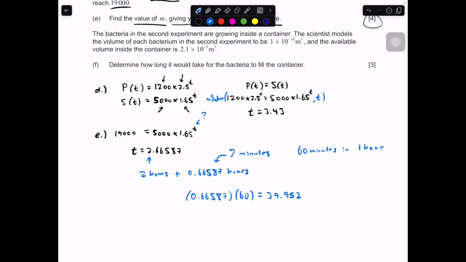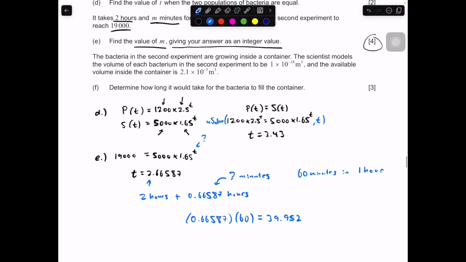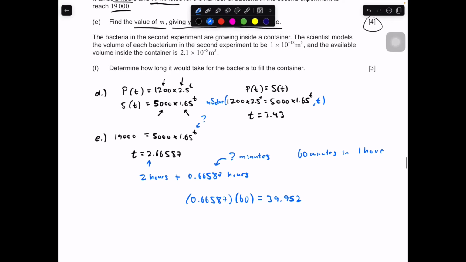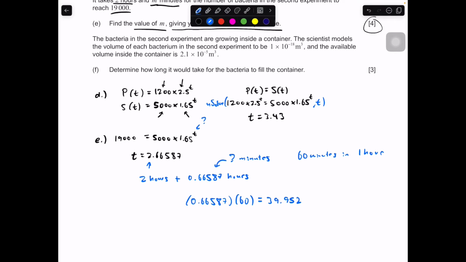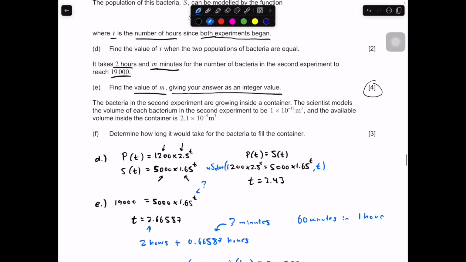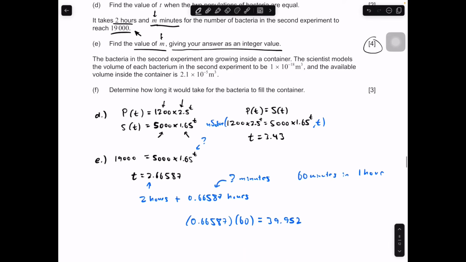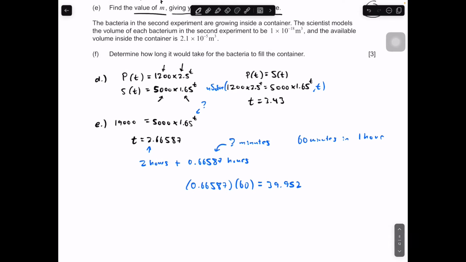Okay, find the value of m, the number of minutes, giving your answer as an integer value. Integer, they don't want any decimals. So let's read the question just to make sure, because it is 4 marks. It takes 2 hours and some number of minutes in the second experiment to reach 19,000. Find the value of m, 2 hours and m minutes. Give your answer as an integer value. So it takes 39.952 minutes.